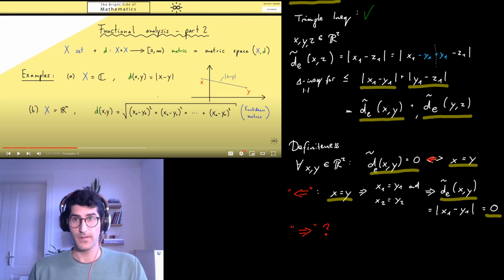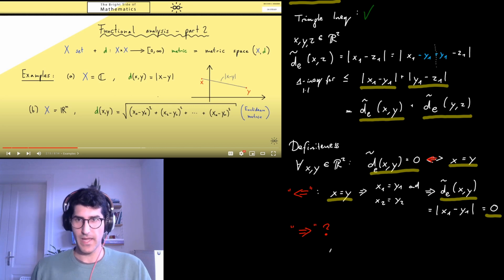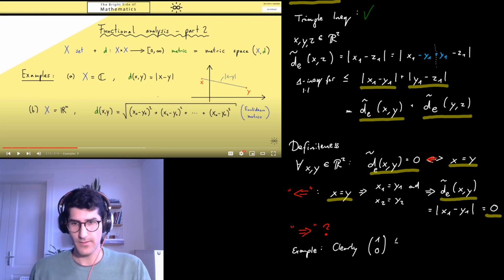So for this, let us first take a step back and think about the following example. So let's look at two vectors. And clearly this vector (1, 0) is not the same as the vector (1, 1).